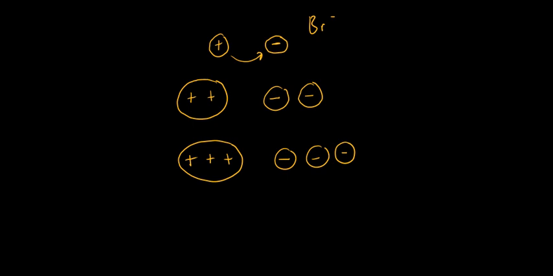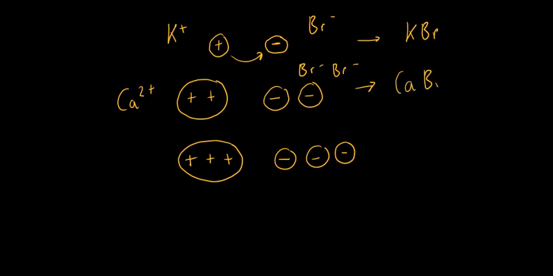So let's imagine this situation here. I could have K, which has just 1 plus. So that compound would be KBr. This here I could have as, let's say, calcium, which has 2 plus, and that would therefore mean that I'm going to have two bromine ions. So I would write CaBr2.